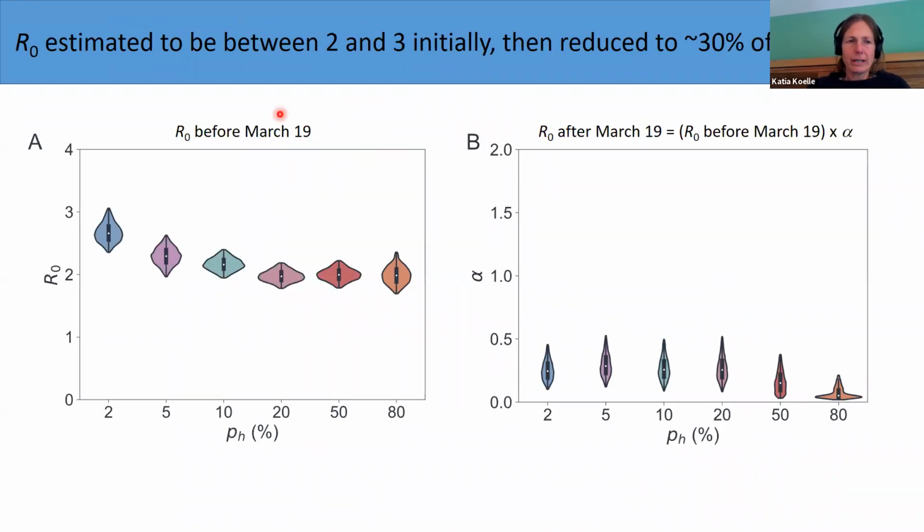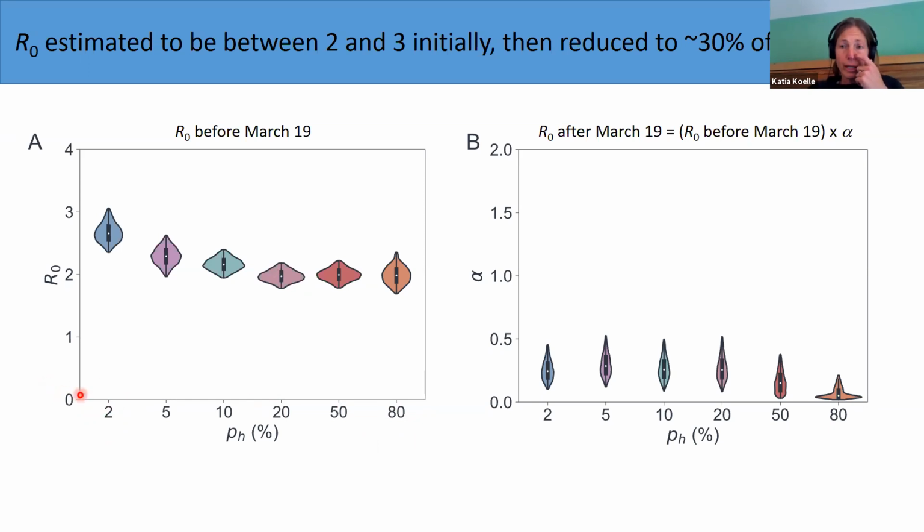Okay, so these are some of our results based on those 212 sequences. Here again, we have this parameter pH, with a pH of 2 meaning that 2% of the most infectious individuals are responsible for 80% of the secondary infections, and here all the way up to 80. So this 20 here is that 20-80 rule in disease ecology.